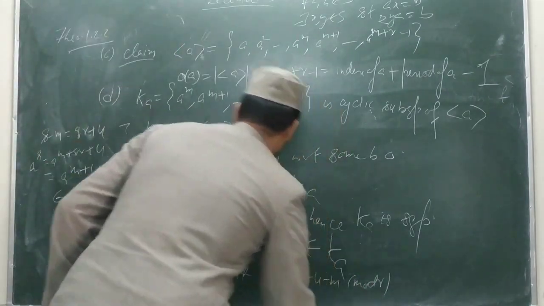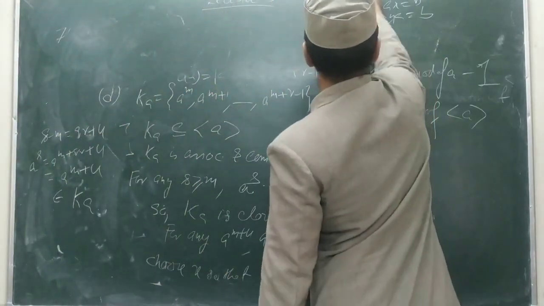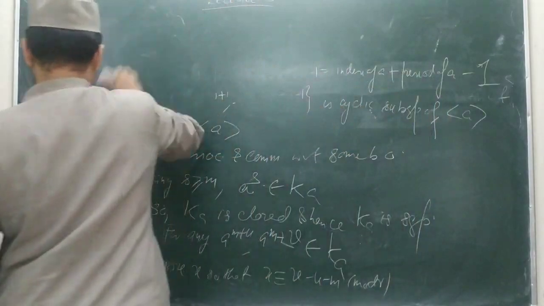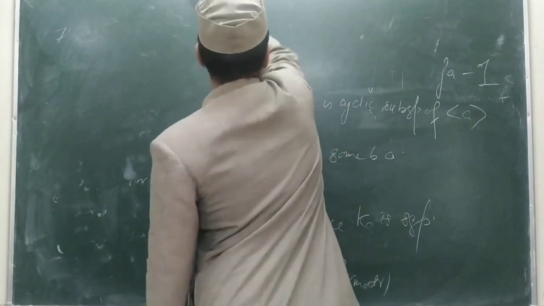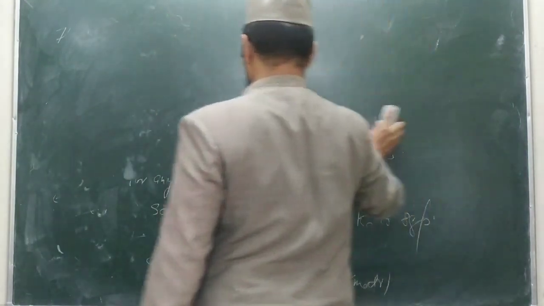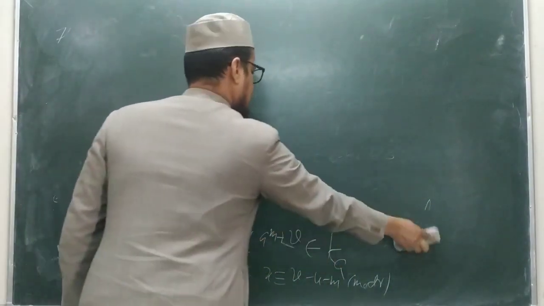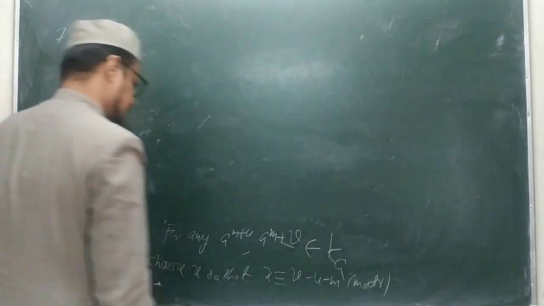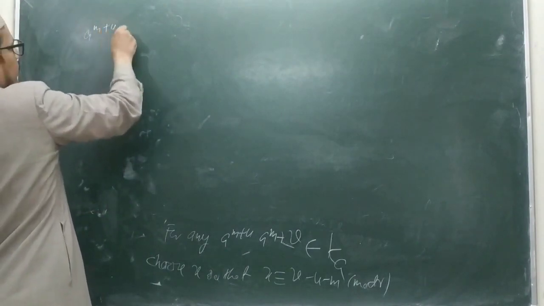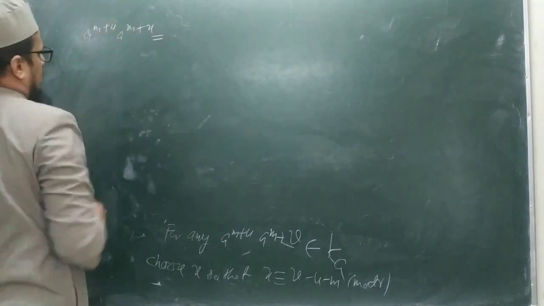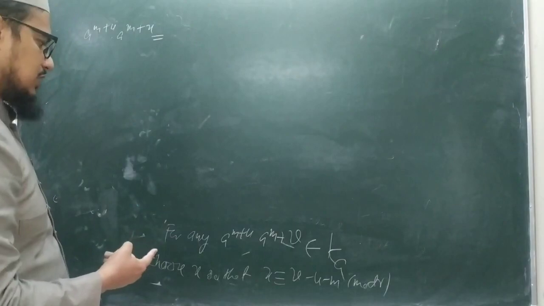Now, calculate the value of a to the power m plus u into a to the power m plus x. We have x congruent to v minus u minus m modulo r.